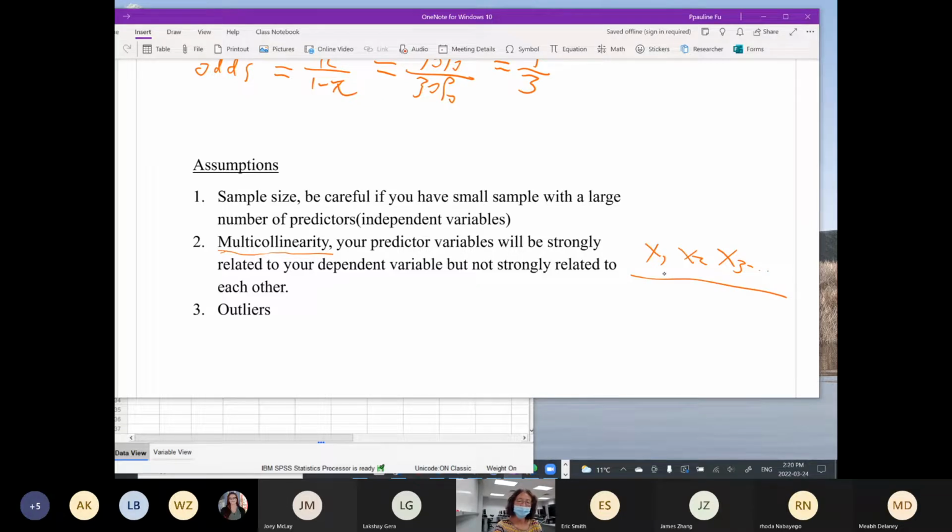You don't want that to happen. So no multicollinearity, okay? No outliers. If you have outliers, you may delete that outlier or replace the outlier with the average number. So large sample size, no multicollinearity, eliminate outliers.